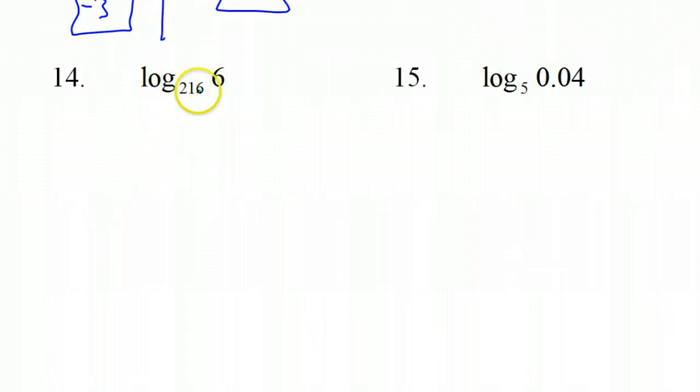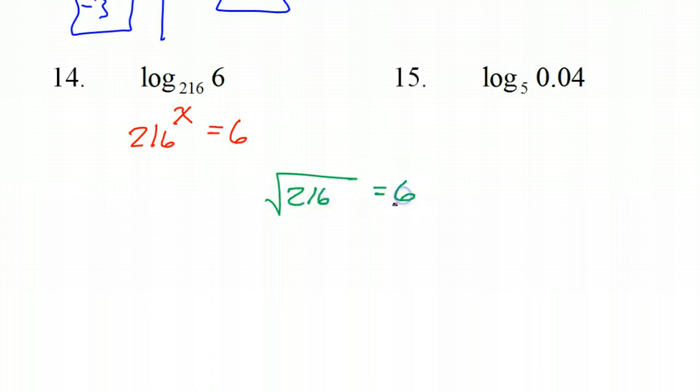Similarly here, when I taught you this the first time, here's what I said to you. I said, look guys, a big number is becoming a small number, right? We're asking ourselves 216 to the what power is going to give us 6. Well, the only kind of power that's going to change a big number into a smaller number is a fraction, okay? Because what we really need is some type of a root. So it's really like this is what I'm saying. We have 216 becoming a 6.